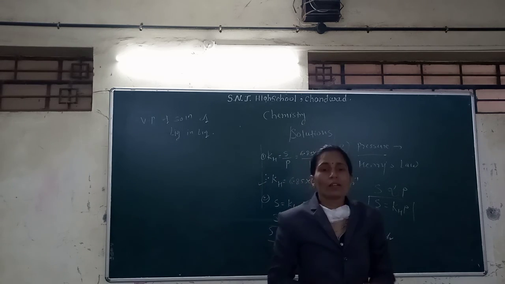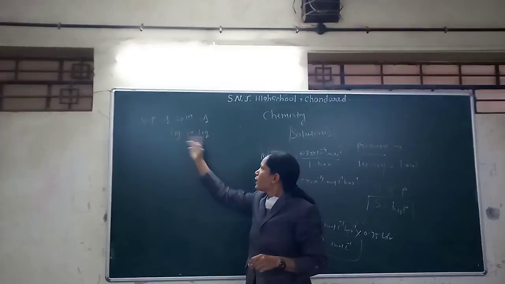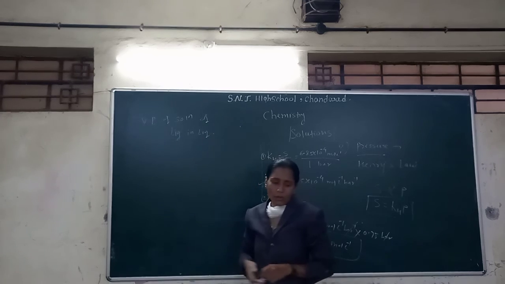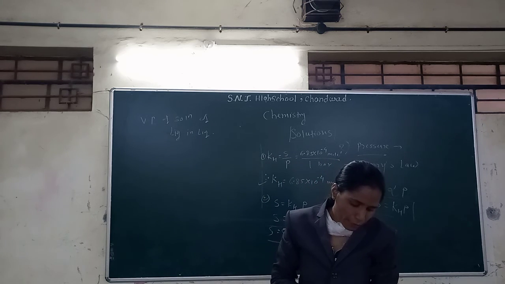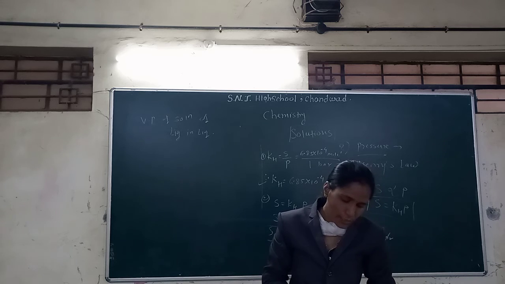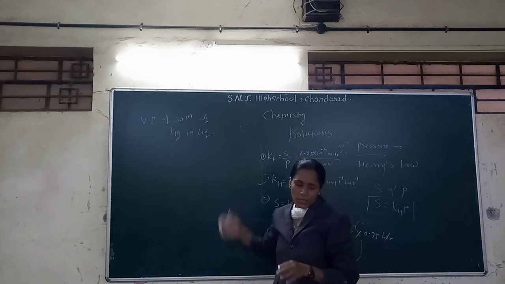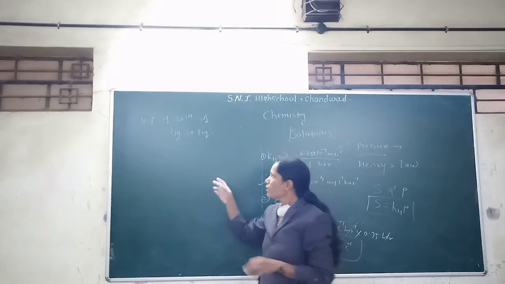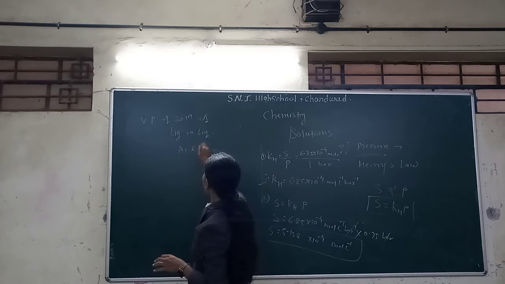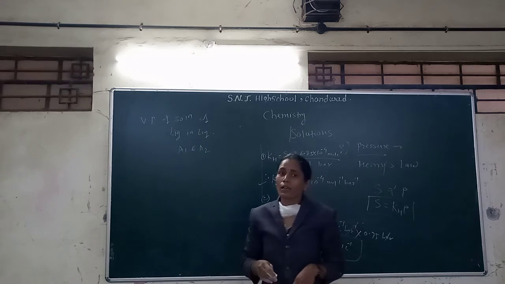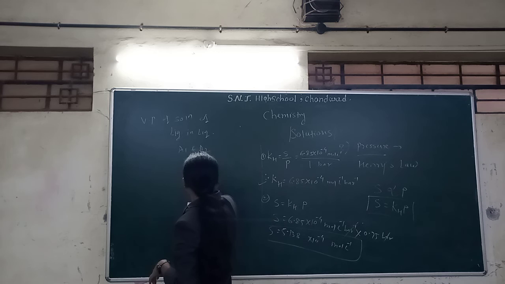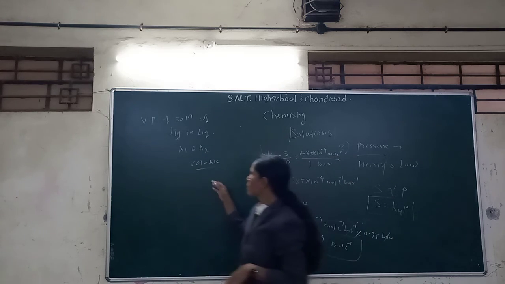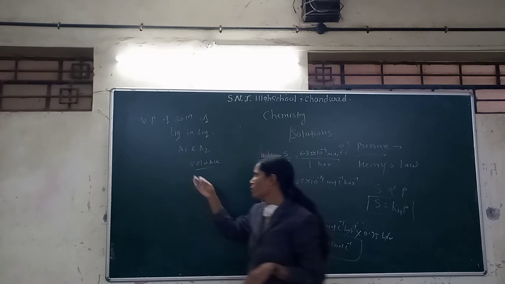In this point, when two liquids, a binary solution A1 and A2, are mixed together, A1 and A2 are volatile liquids. They are taken in a closed container. Then both A1 and A2 are mixed together and they are volatile. Therefore they get vaporized, means the vapors start from this mixture.